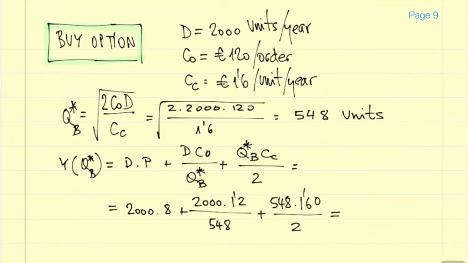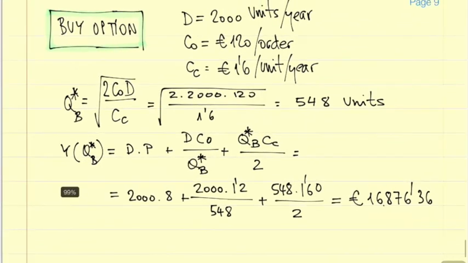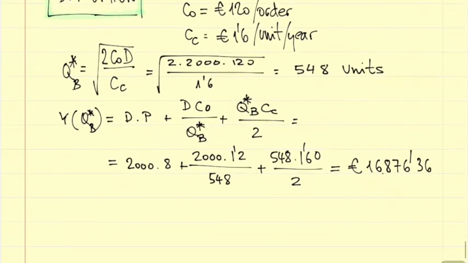And this is euros 16,876.36. Okay, so that is the buy option, 16,800. All right. Any questions?